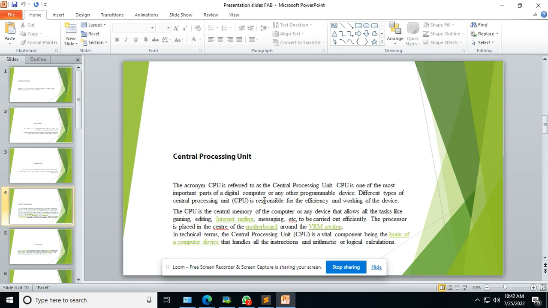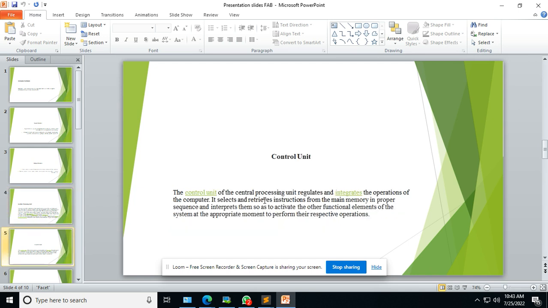It is a very important component, being the brain of a computer device, which handles all the instructions and arithmetic or logical calculations.